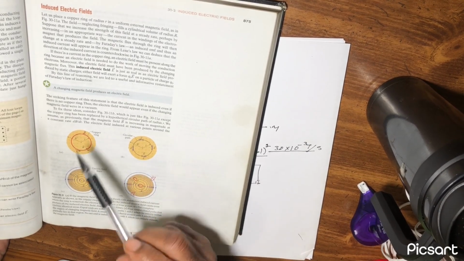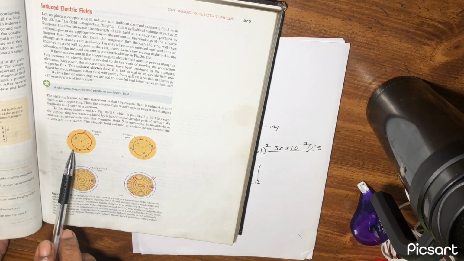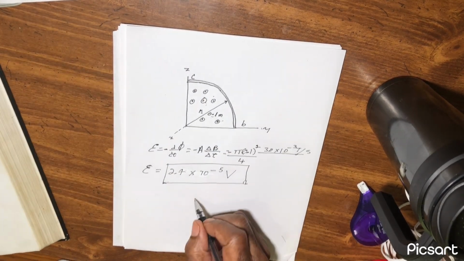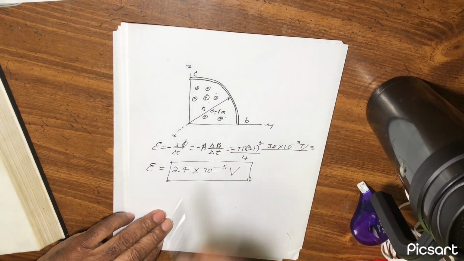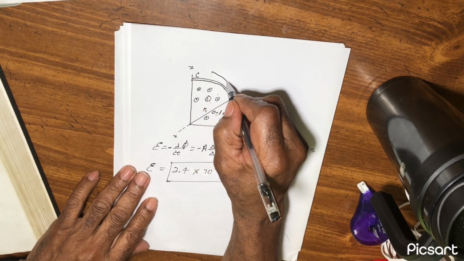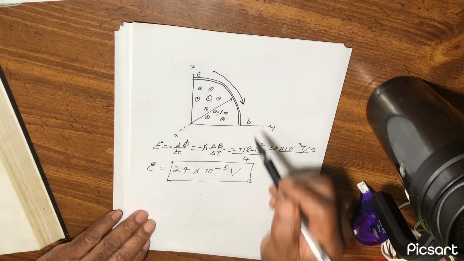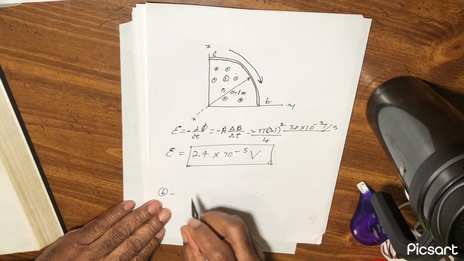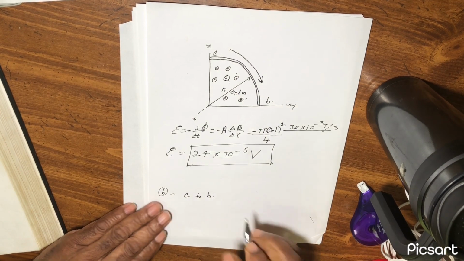When the B field is inside the page, the current is flowing counterclockwise. So we have a situation where the B field is out of the page, so the current is flowing from C to B. So that's the answer to the second part, is flowing from C to B.